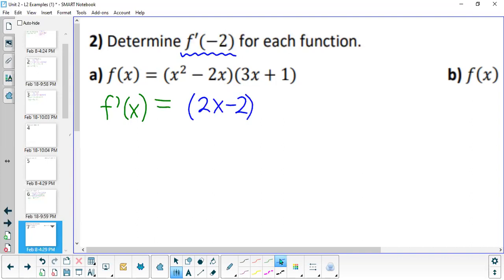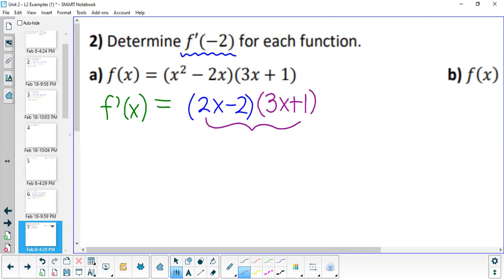So here we have a binomial. This is the first time we've had a binomial for the derivative, times my original second function, 3x plus 1. So right away, I know this is going to be more complicated, because the first half of product rule is going to require some FOIL.